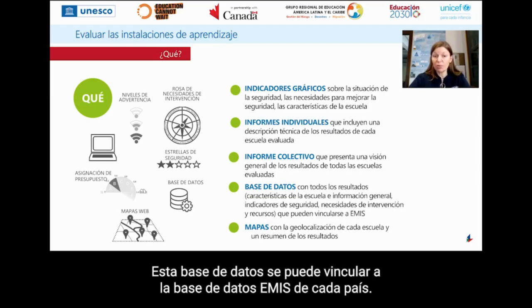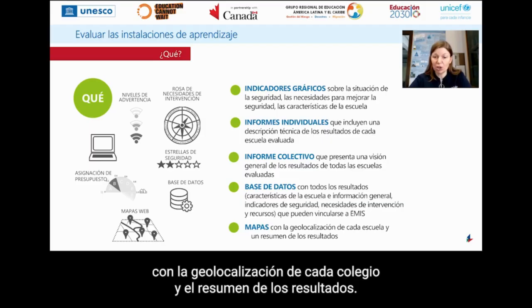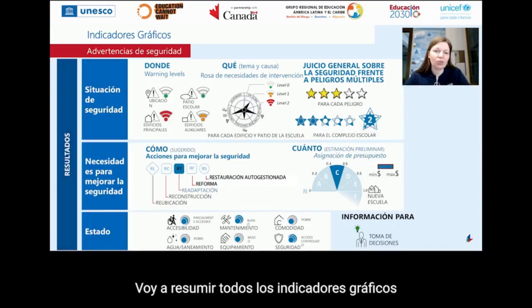This database could be linked to the EMIS database in each country. Finally, also some maps, usually web maps, are created with the geolocation of each school and the summary of the outcomes.